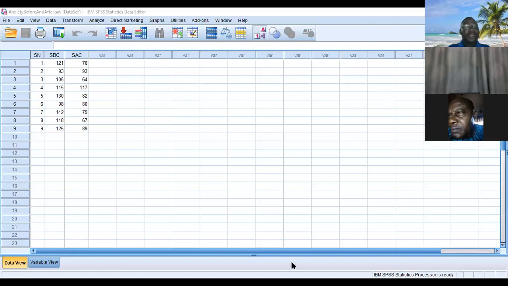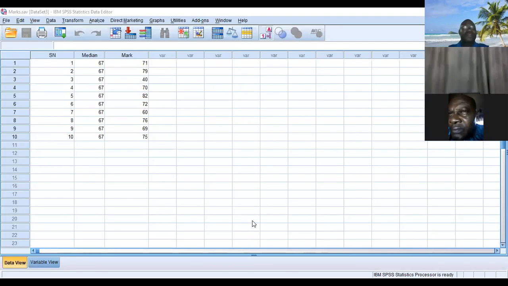Let me share that data set and explain. Yes, this is it. I think you can see now this is the median and the mark. It's only that I put the median back into the first one.